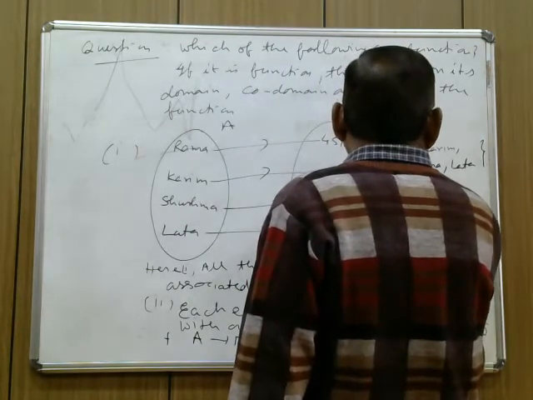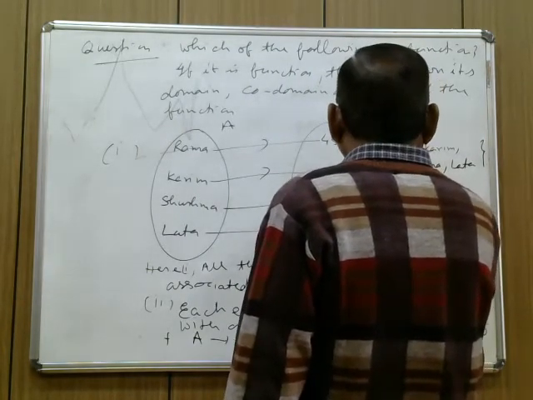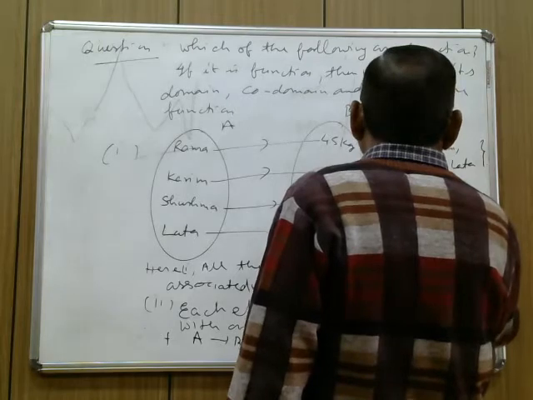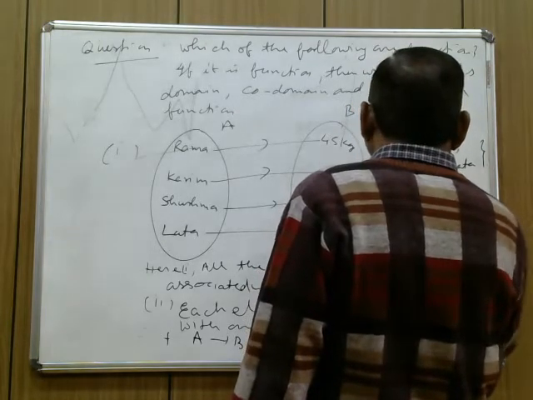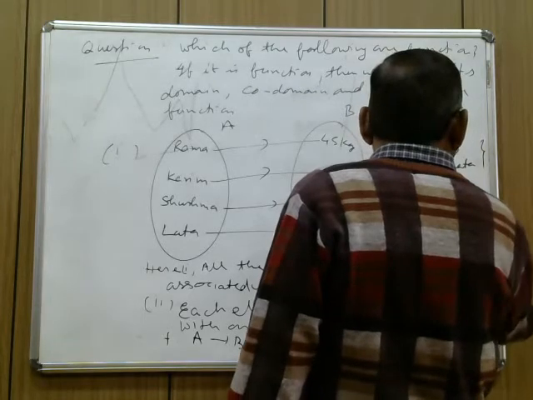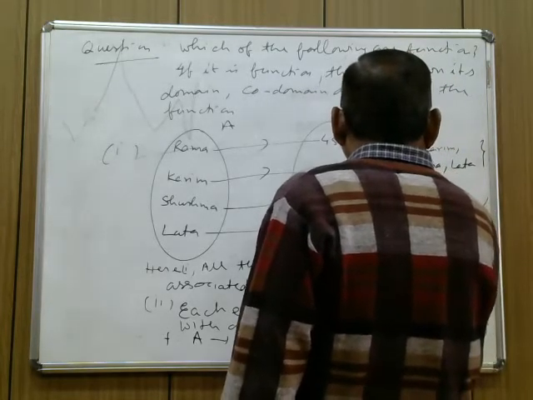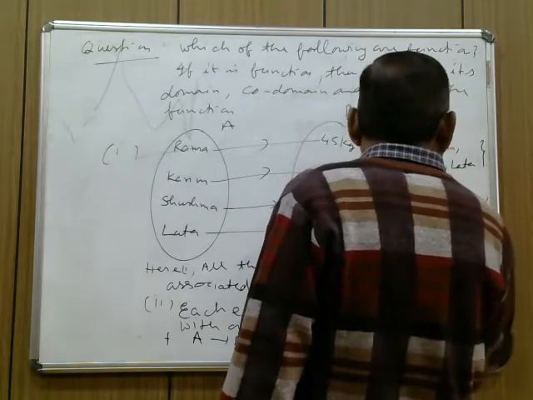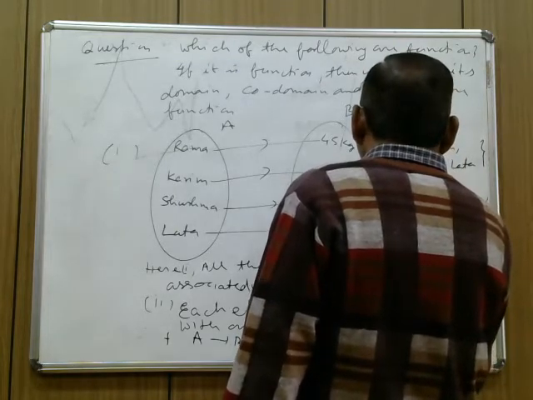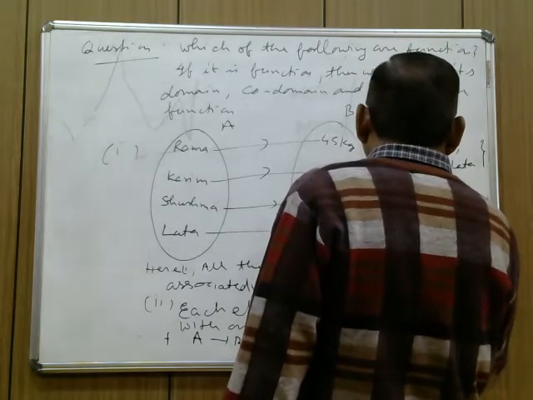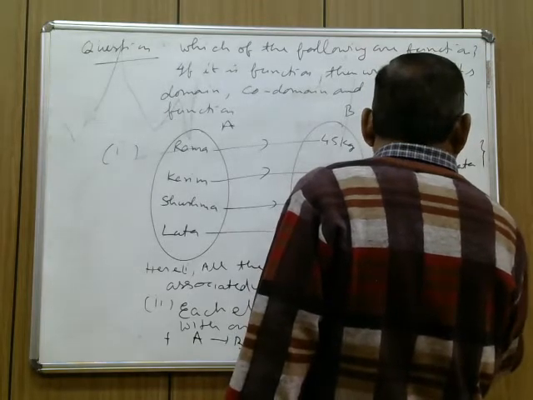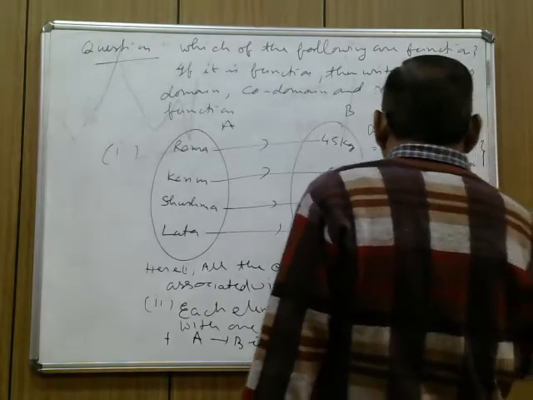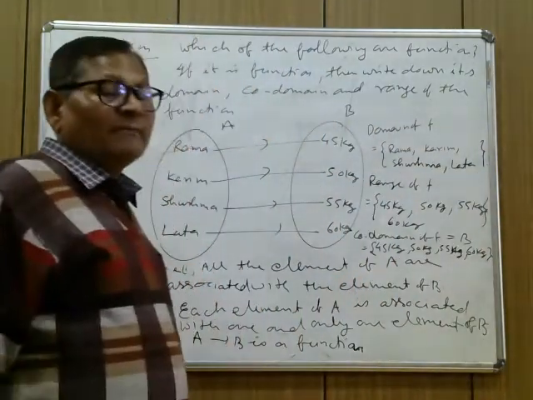Your range of f is equal to their weights 45 kg, 50 kg, 55 kg and 60 kg. What is the codomain? Codomain of f is equal to set B and it is equal to 45 kg, 50 kg, 55 kg and 60 kg.